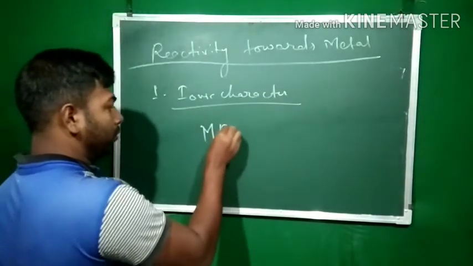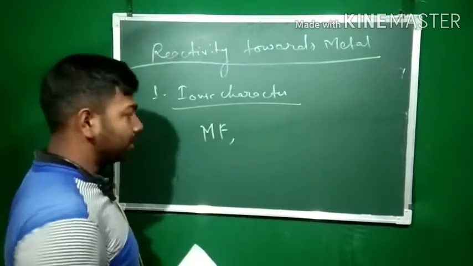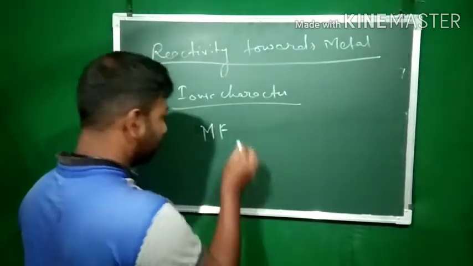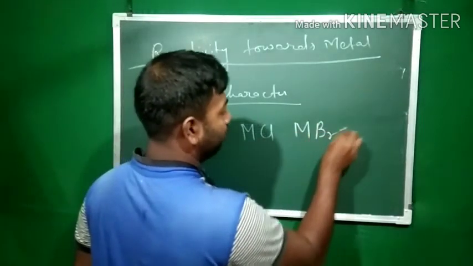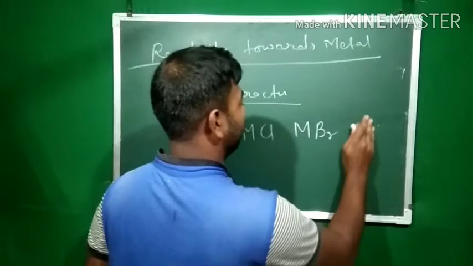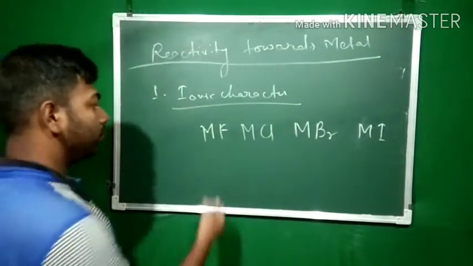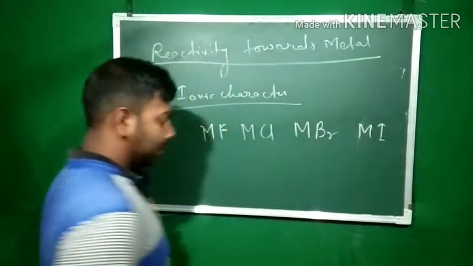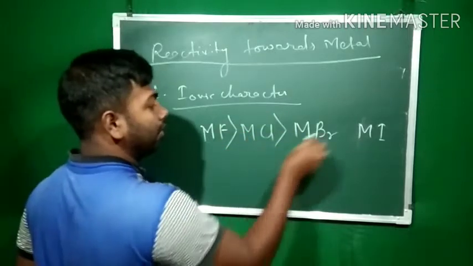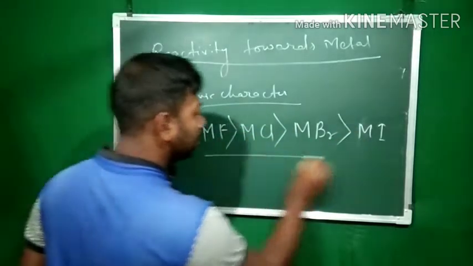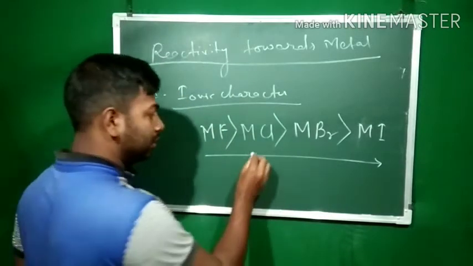Suppose metal fluoride, where M means a monovalent metal and F the fluoride, then metal chloride, metal bromide, metal iodide. As we go from metal fluoride to metal iodide, their ionic character decreases and covalent character increases.